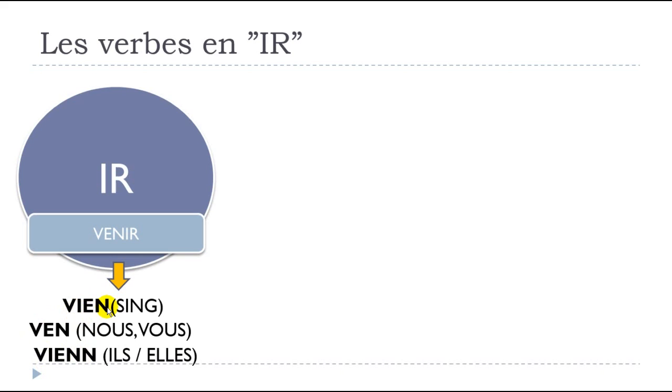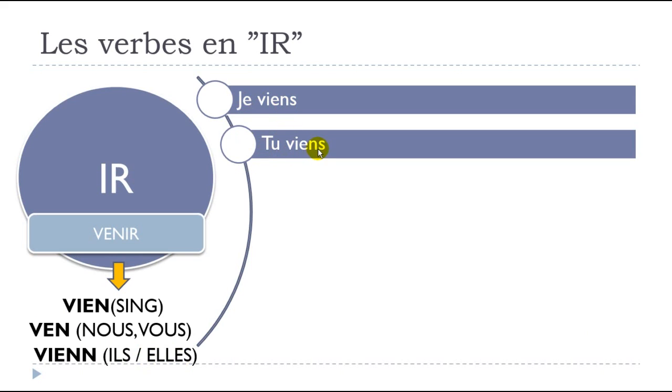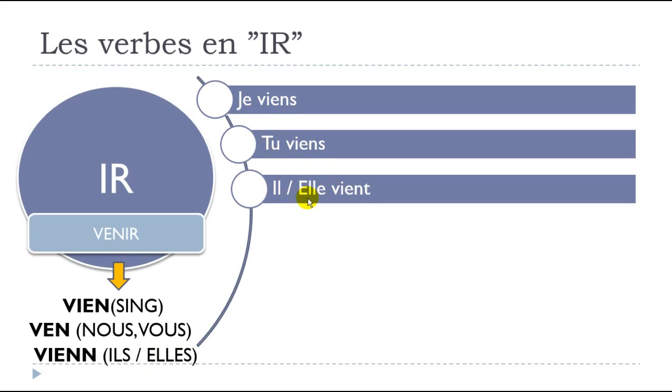So vient for the singular, ven like that for the plural, but then it's only nous and vous, and then viennent for the plural, il, elle. So let's see how it goes. Je viens, tu viens, il vient, elle vient.